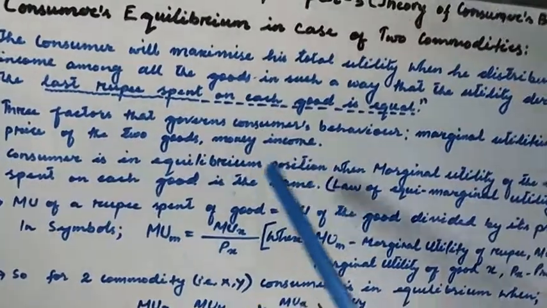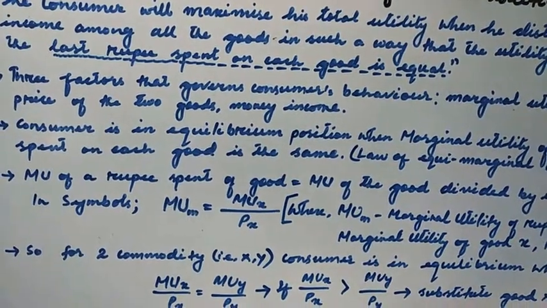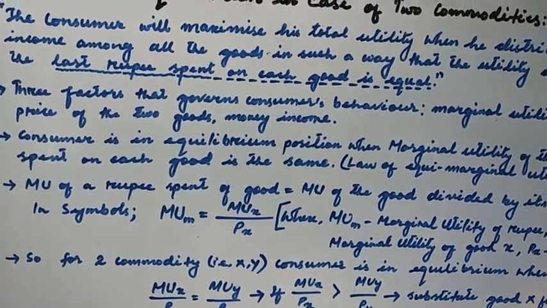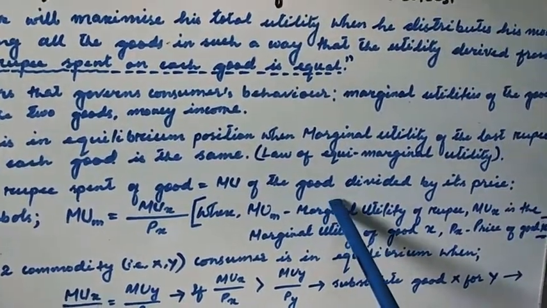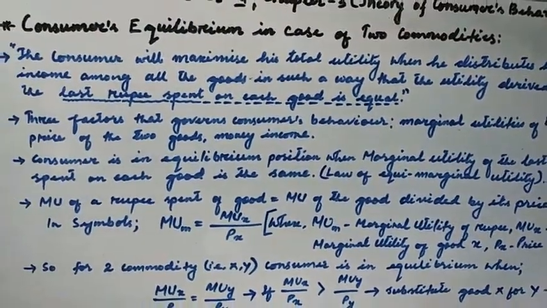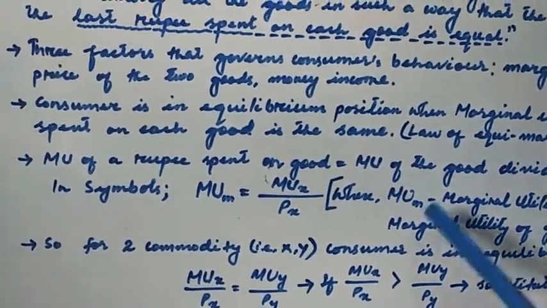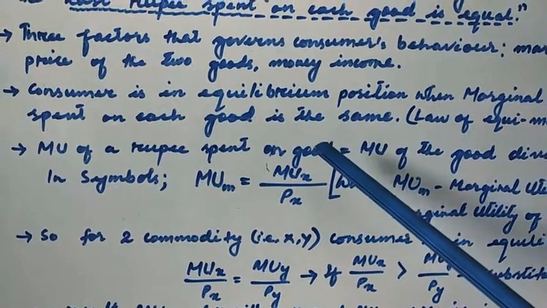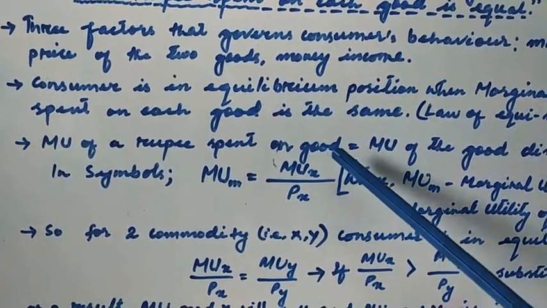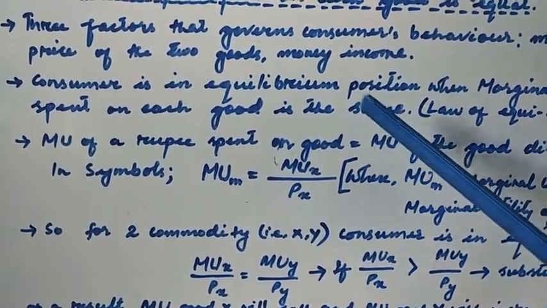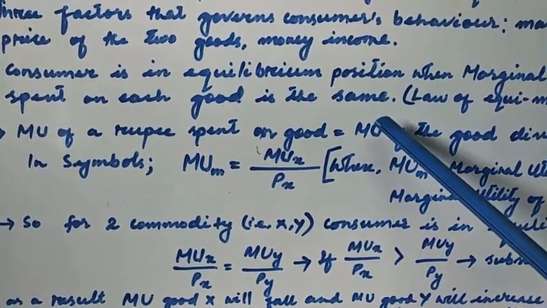So the marginal utility of a rupee spent on a good must equal the marginal utility of the good divided by its price. In the law of equi-marginal utility, the marginal utility of a rupee spent on a good is equal to the marginal utility of the good divided by its price.